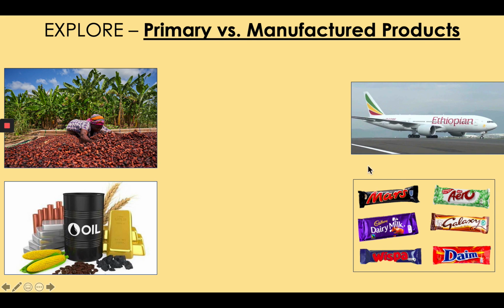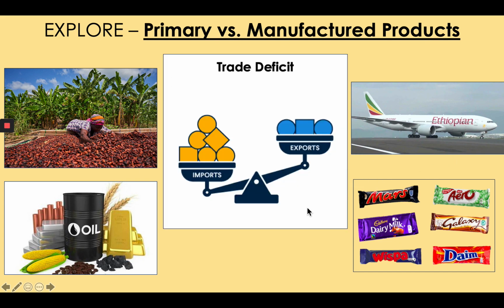This problem, where the LIC sells cheap primary products and imports expensive manufactured products, leads to something called a trade deficit. The value of the LIC's imports is bigger than the value of their exports, and as a result, LICs lose money from trade, and therefore they have less money to spend on development.